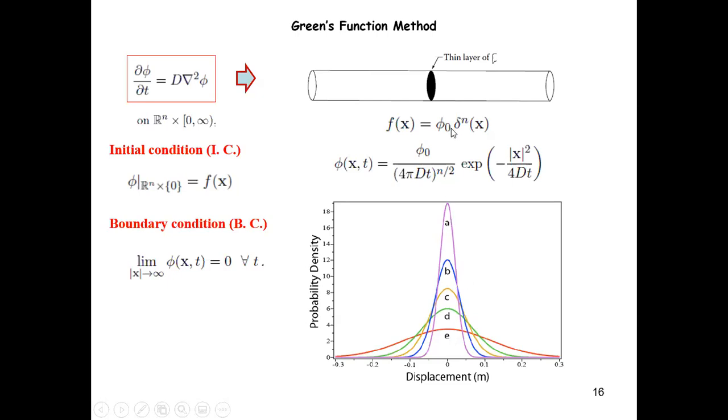Initially, we start with this phi naught, which I cannot show because it's a highly peaked, infinite function. The height is very, very high, which I cannot show on the plot. So what I'm showing here is that this purple curve is the profile after some initial evolution. You see that it is still quite narrow.